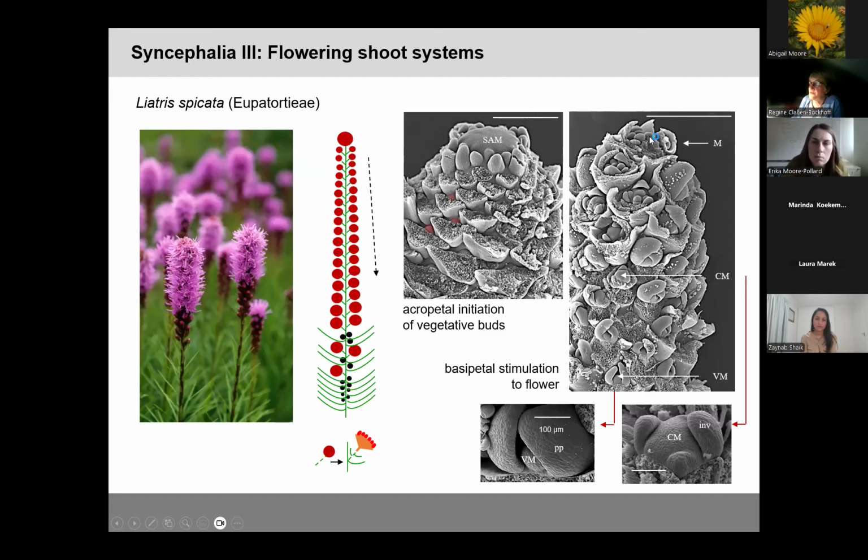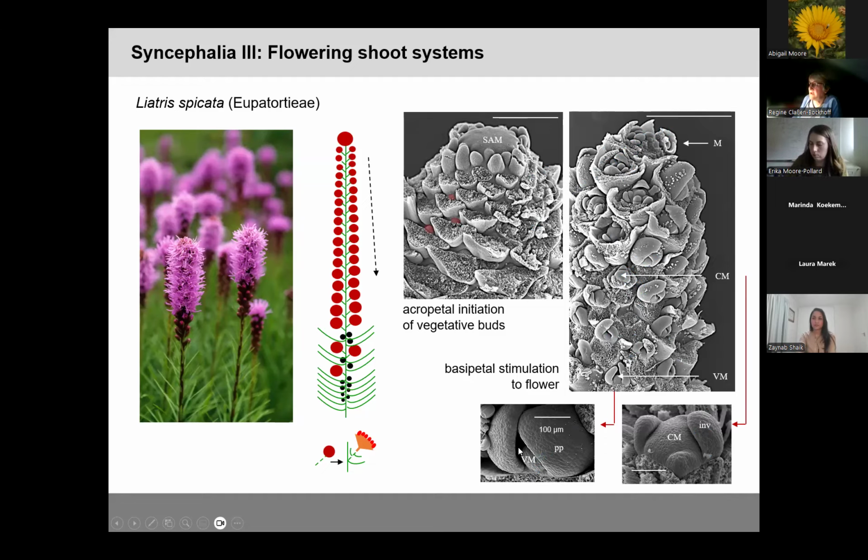But when the shoot apical meristem has transitioned into a terminal capitulum, then you see that these axillary meristems are stimulated to flower in a basipetal direction, and you can see all developmental stages: capitulum meristems, floral unit meristems, and vegetative meristems.